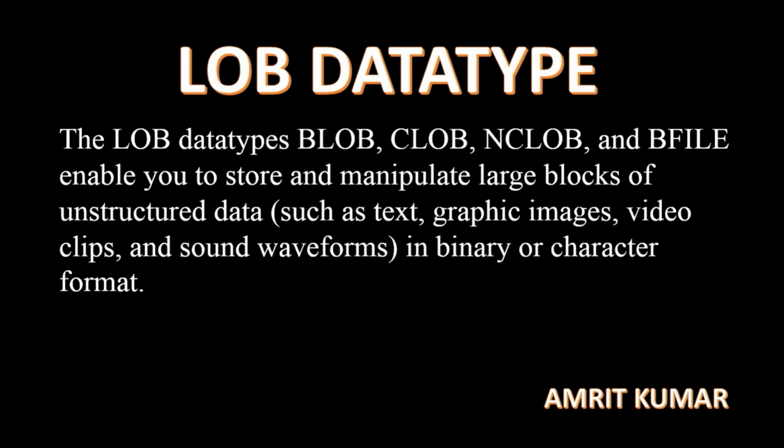So the main function is that it stores and manipulates large blocks of unstructured data in binary or character format. And unstructured data is data such as text, graphics, images, video clips, and sound waveforms. This is what we call unstructured data. It is very easy to understand that it stores large blocks of unstructured data in binary or character formats.